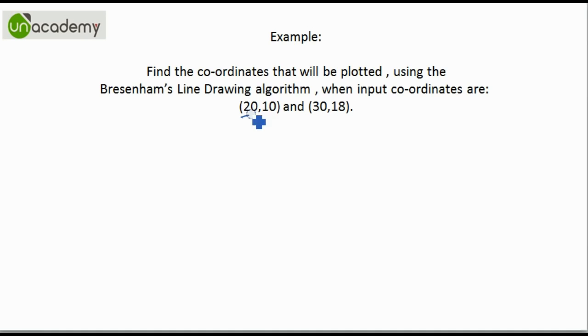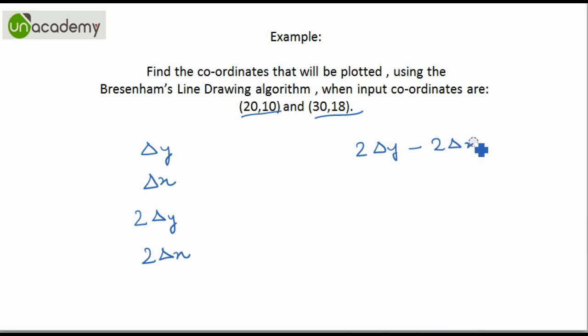We will be plotting from 20,10 to 30,18 as the input coordinates to the Bresenham's line drawing algorithm. So the few things that we need to calculate beforehand to make the calculations easier are delta y, delta x, 2 times delta y, 2 times delta x, 2 times delta y minus 2 times delta x, 2 times delta y minus delta x, which will also be the p naught value, the initial decision parameter.